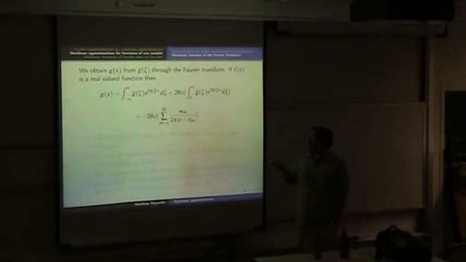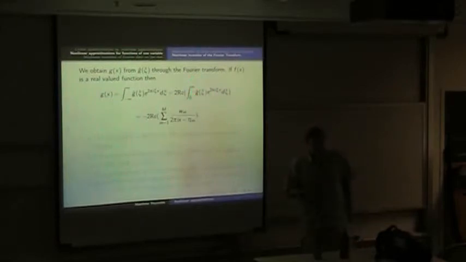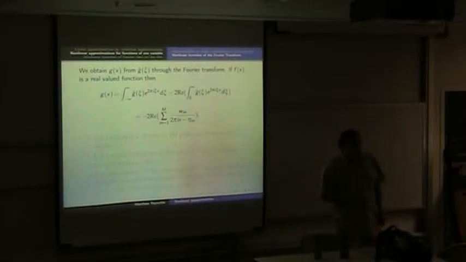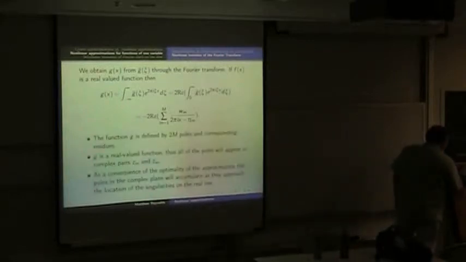So we're given the inverse Fourier transform and our approximation. And once again, we said it was real valued. And since these are exponentials, we know how to analytically evaluate this transform, right? So we get a linear combination of rational functions. And these rational functions have a few properties.